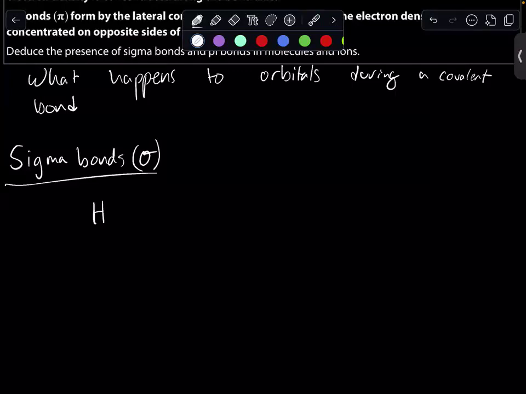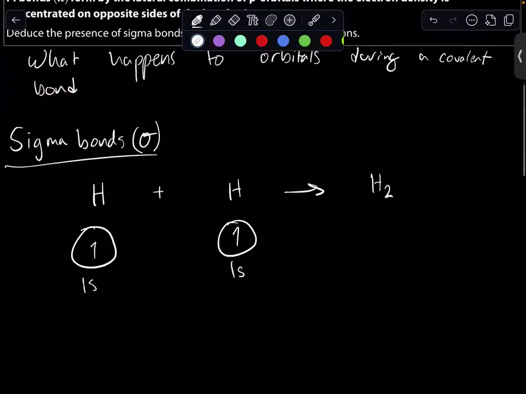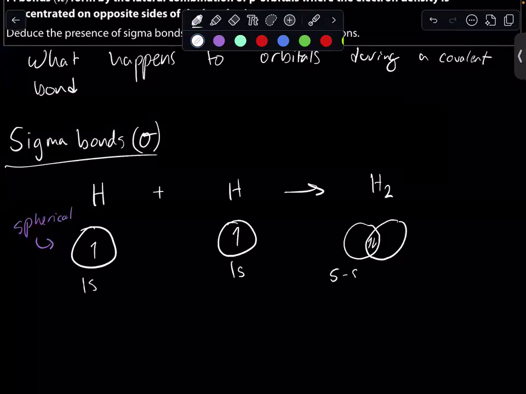So when we take one hydrogen atom plus another hydrogen atom, we can represent their 1s orbitals as such. We've done this representation before. When we bring them together, we get hydrogen, which is represented by H2 as it's a diatomic element. Their s orbitals, which keep in mind are spherical, overlap. This is what we call s-s overlap.